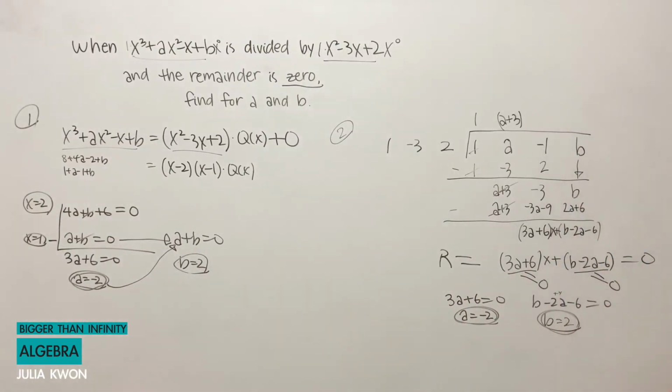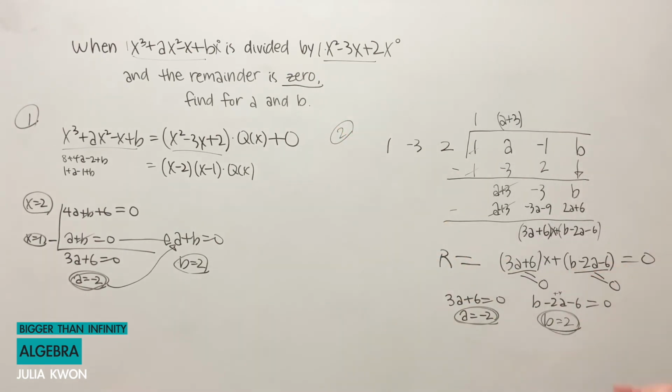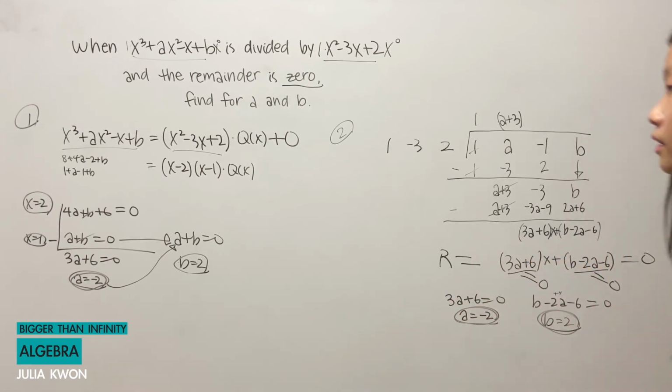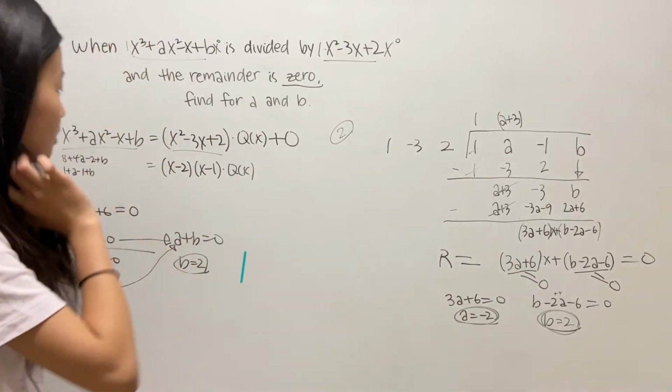So these are the two methods of solving this problem. You can't really tell that this is easier, but I didn't really have to write this part, I just rewrote it. When you get used to it, you can write a lot less.